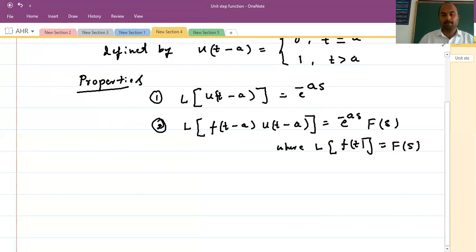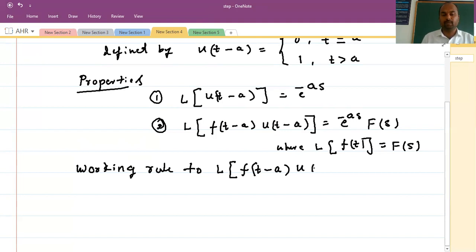So now I will explain the working rule to find Laplace transform of f of t minus a into u of t minus a.